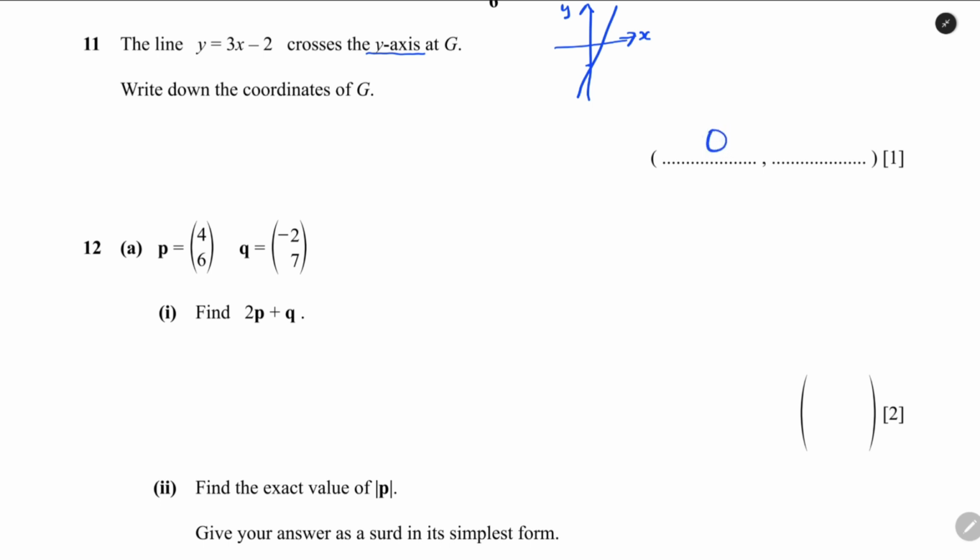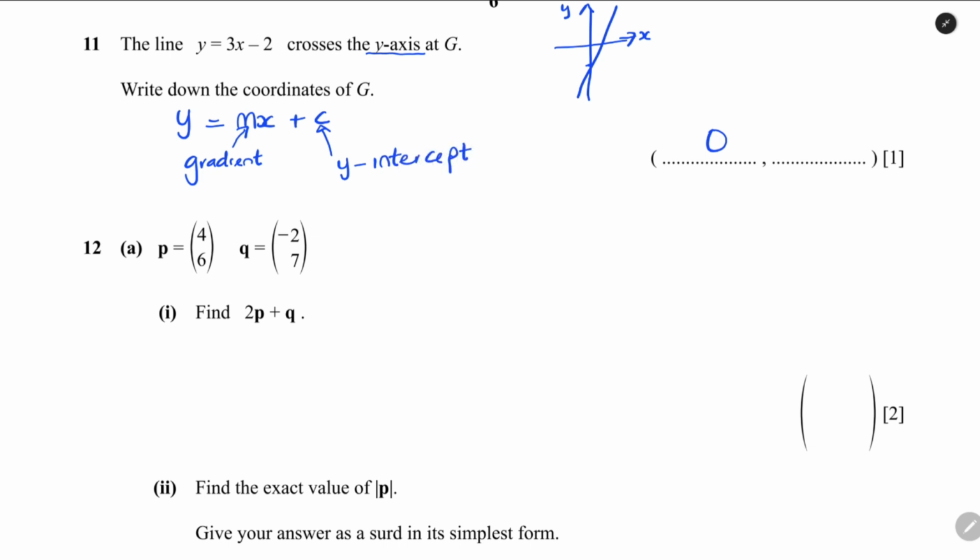Now let's go back to the equation we are given. This equation is the equation of a line. Remember, the general form for the equation of a straight line reads y equals mx plus c. The m talks about the gradient and the c talks about the y-intercept.